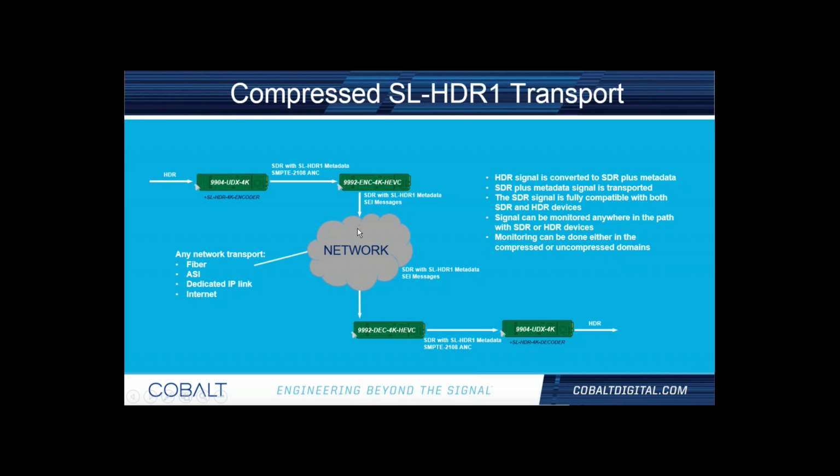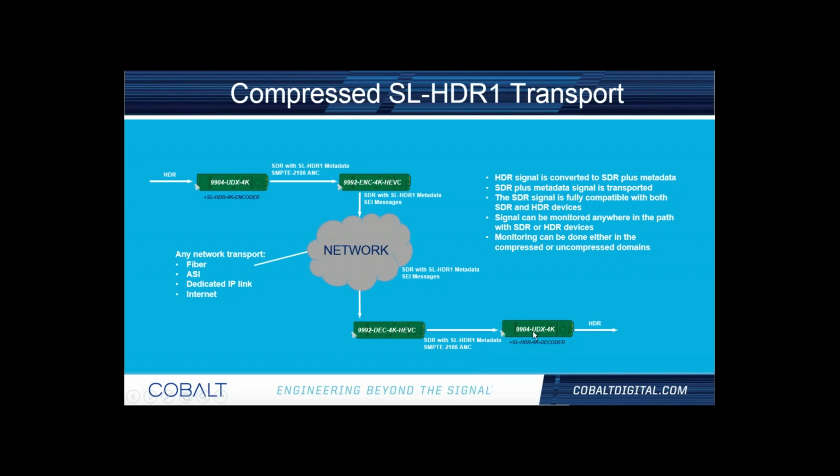If you apply that on an SDR receiver, it will just play the SDR. If you apply that on an HDR receiver, it will play the HDR. That comes into our decoder. The decoder reproduces the SDR with the metadata back in the ancillary space, and it's very important for it to be frame accurate, and it is.